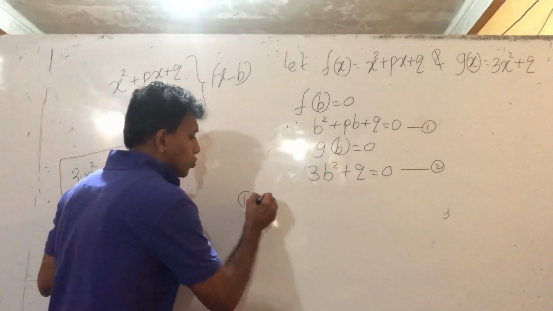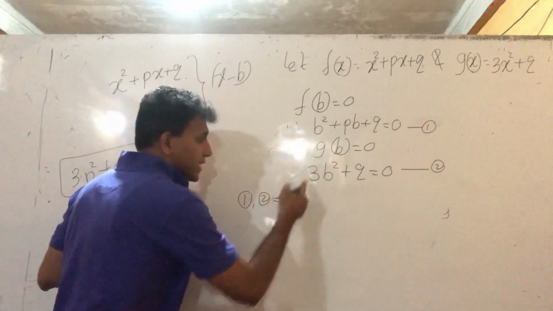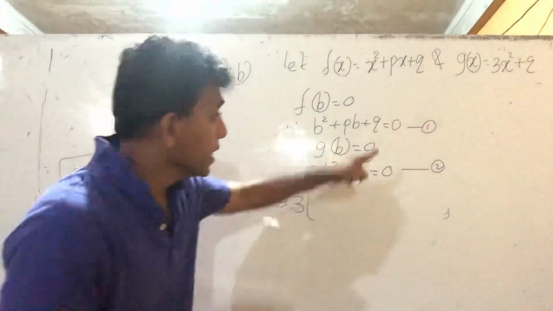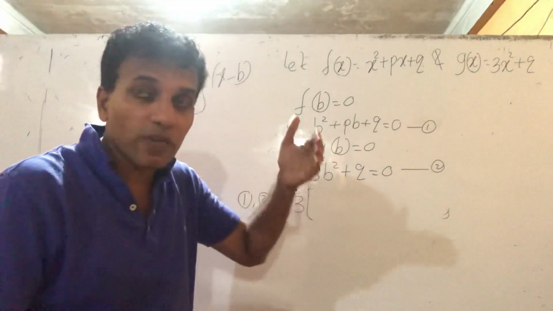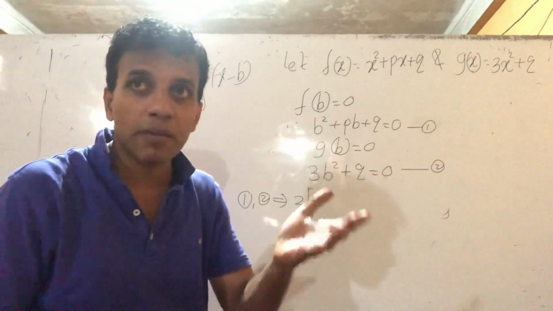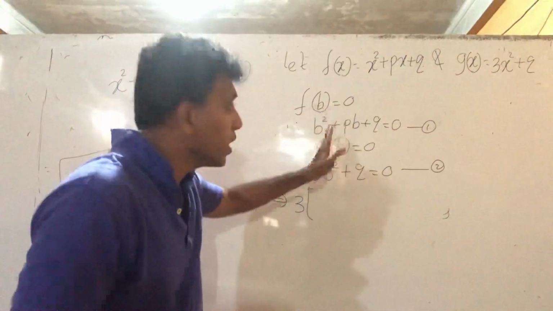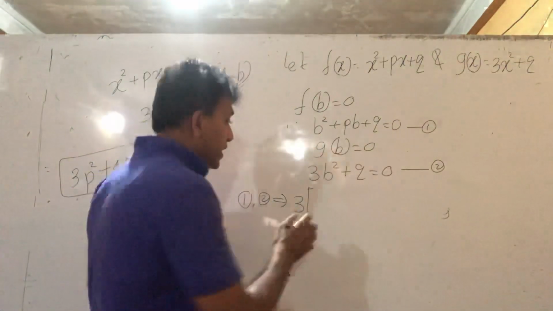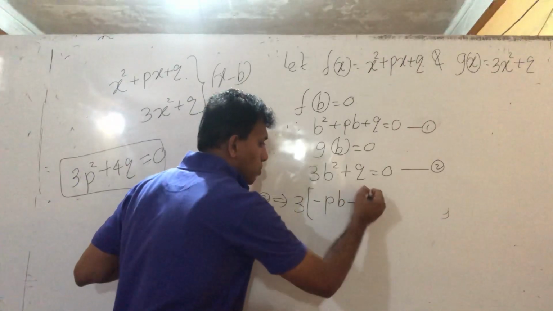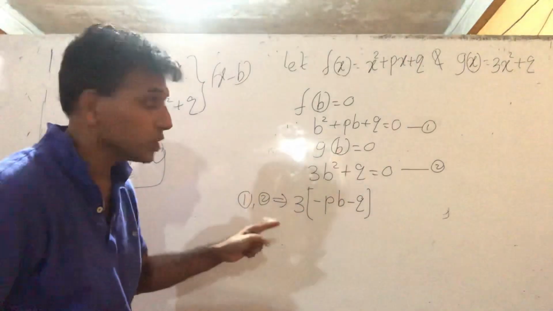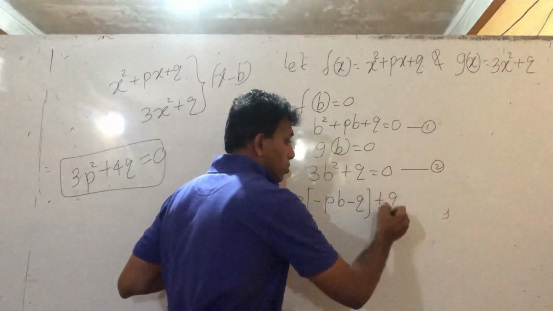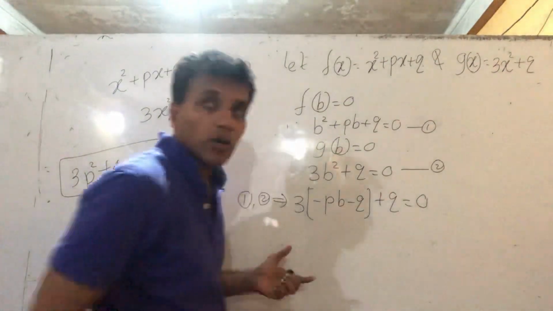1, 2, 3. What is b square? Here, what is b square? Make it the subject. That's why we need some O-level ideas, subject formula, grade 9, 10 mathematics, I think. So b square is, taking that side, minus pb minus q. Now 3b square plus q equals 0.